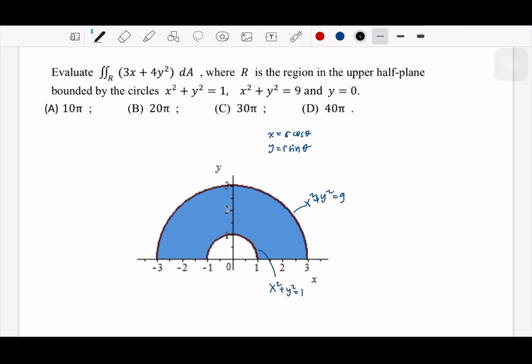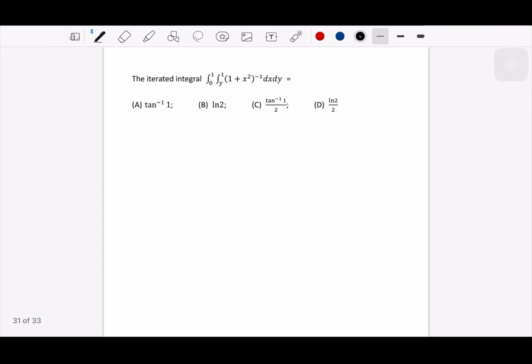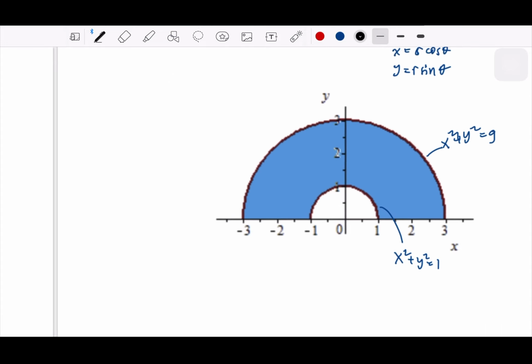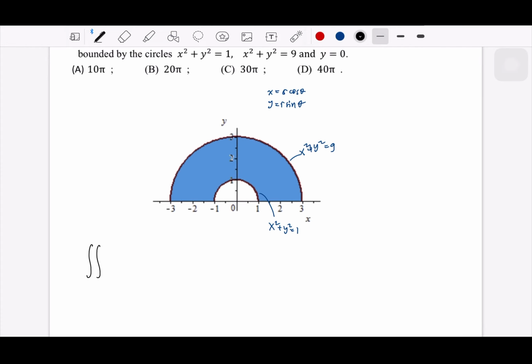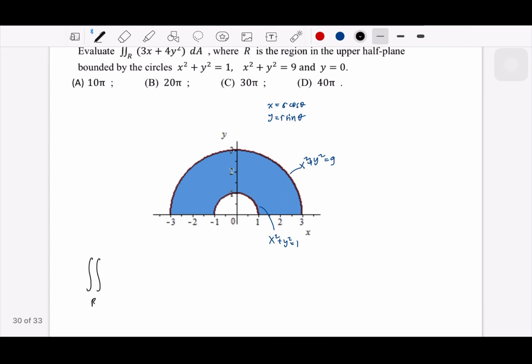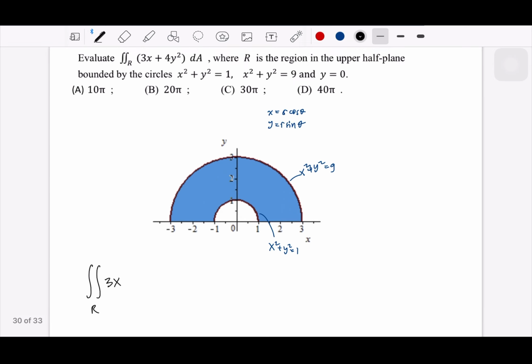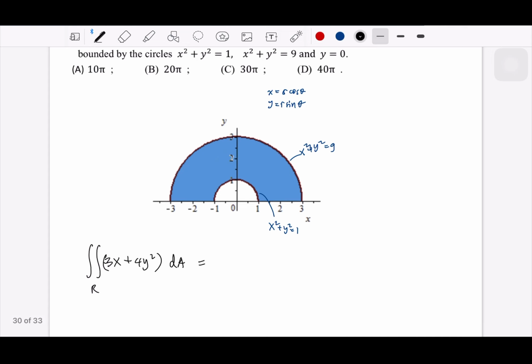So we can convert this and write down the integrations. Now the angle theta is from 0 to pi, right?